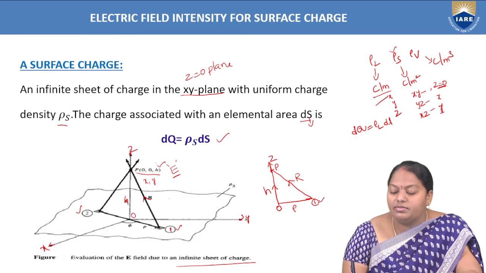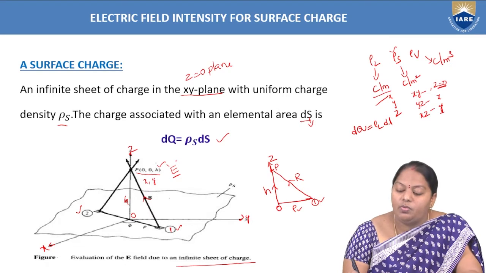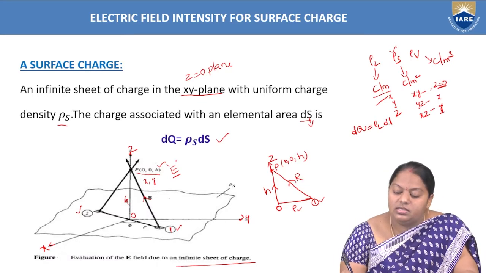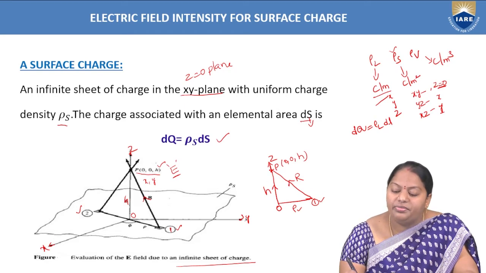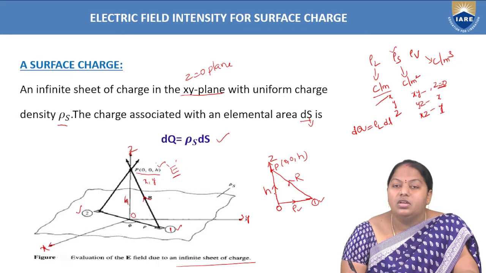From origin to elemental surface area 1, the direction is given by rho, and from elemental surface area 1 to the field point P, where we'll be evaluating the electric field intensity E, the distance is given by R, and from origin to the field point P, this distance is given by H. So if you observe the directions of these, rho direction and R direction are in the same direction, and H will be opposite to that of these two.